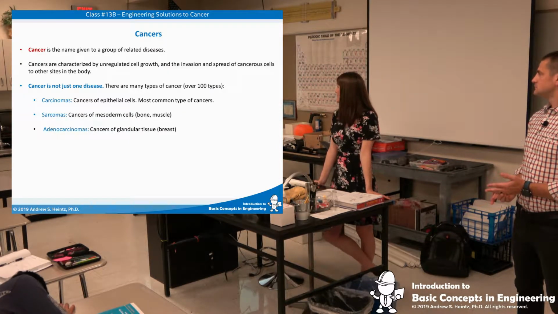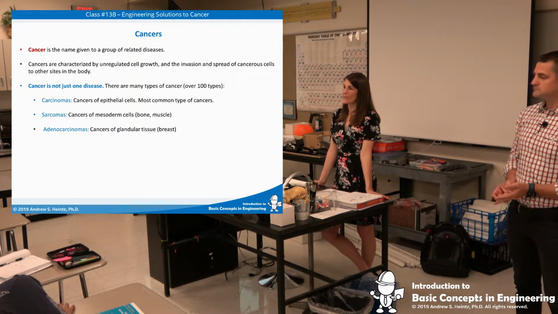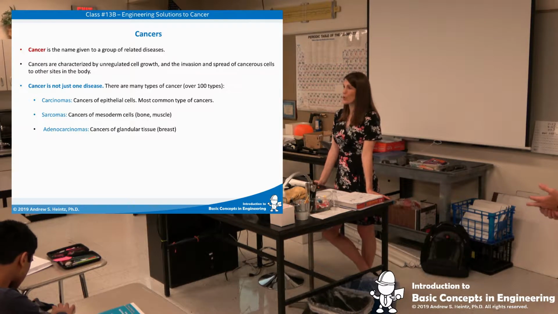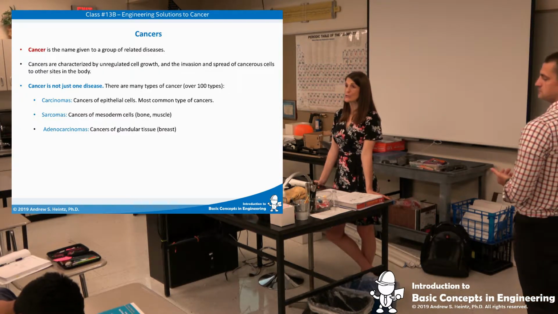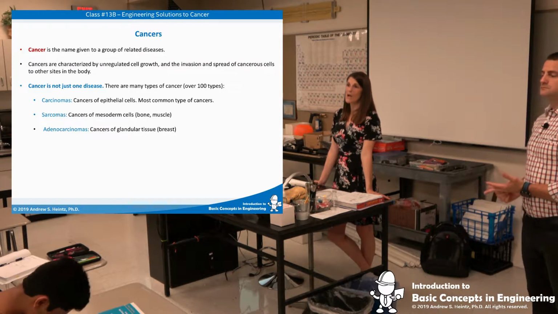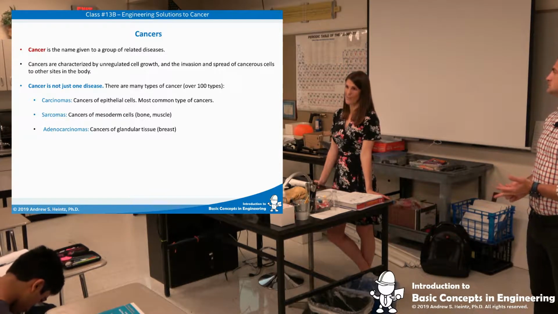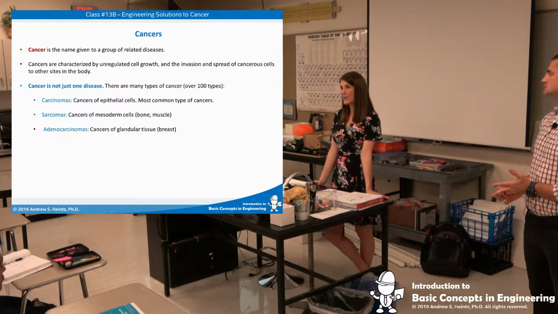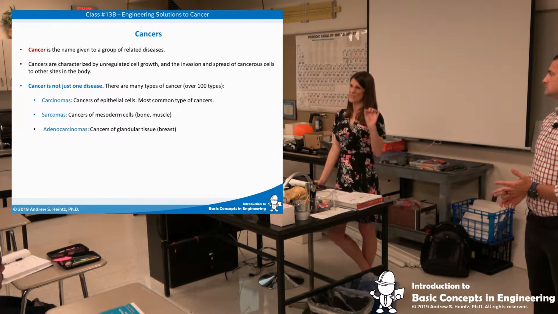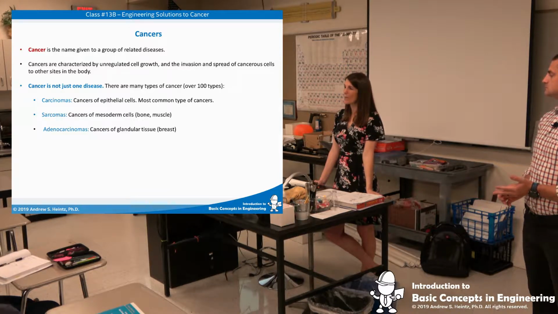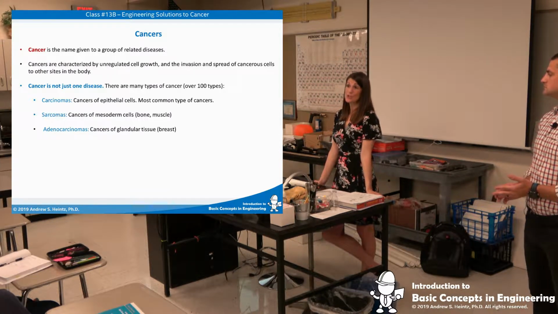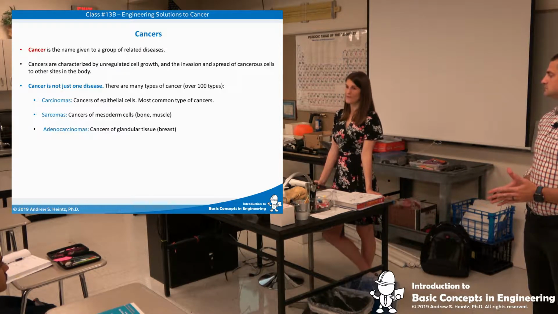Sarcomas, on the other hand, are cancers that arise from the bone or the muscle tissue. Your carcinomas are going to be things like your lung cancers and your colon cancers, and you can have a couple of different types even within those carcinomas. You can have a squamous carcinoma or an adenocarcinoma depending on the type of cell it originates from. And like I said, with sarcomas you'll have different types depending on if it starts in the bone or the muscle. There are so many different types of cancers.